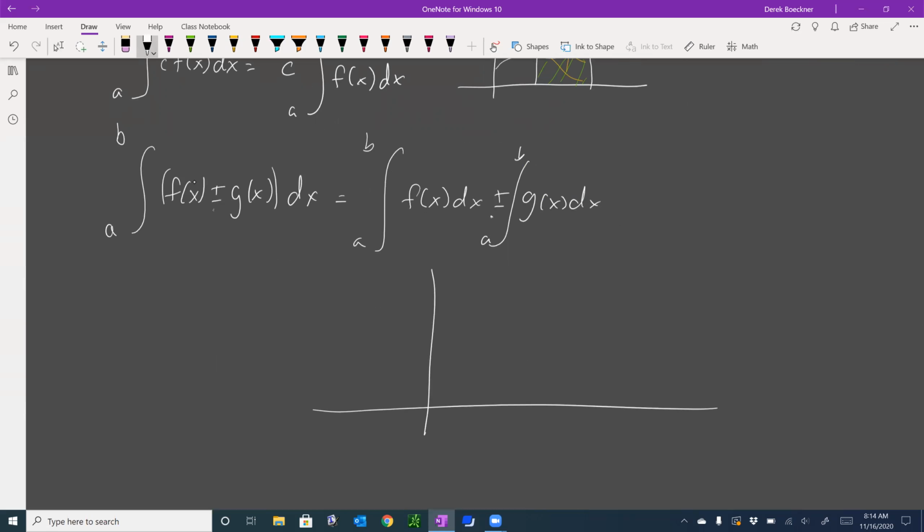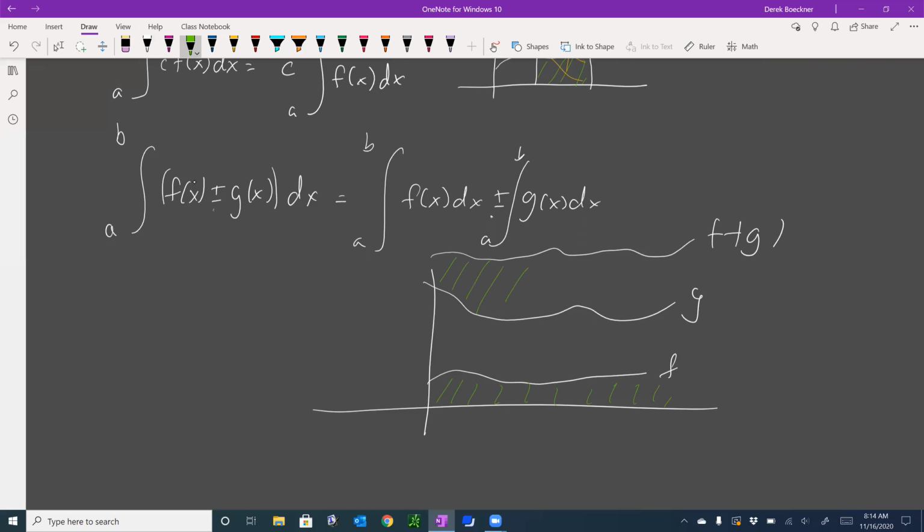Picture there, here's f, here's g. F plus g is going to be up here somewhere. Right. And it turns out that if I take this area, it should be the same as the blue green area.